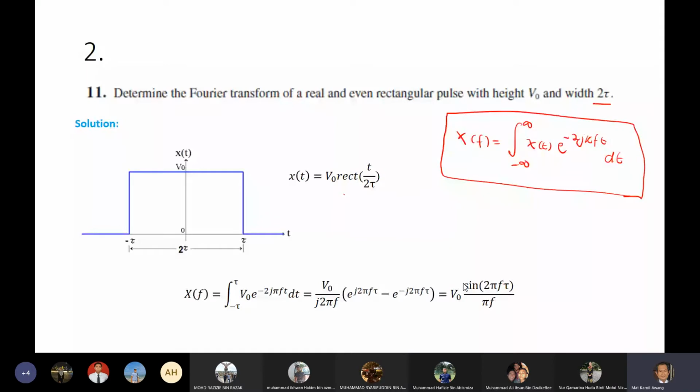So how to get from here to here? You need to start refreshing your math, right?